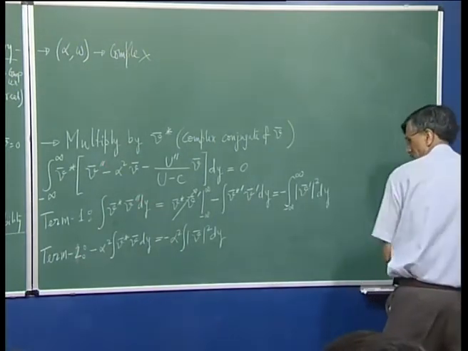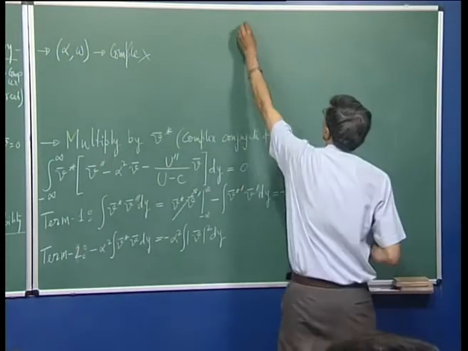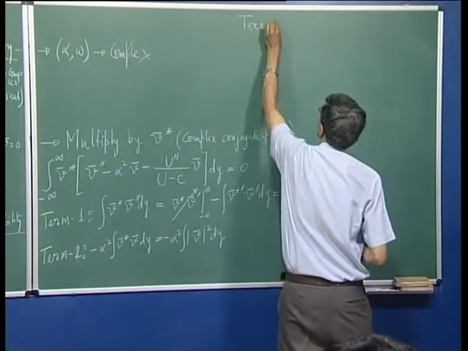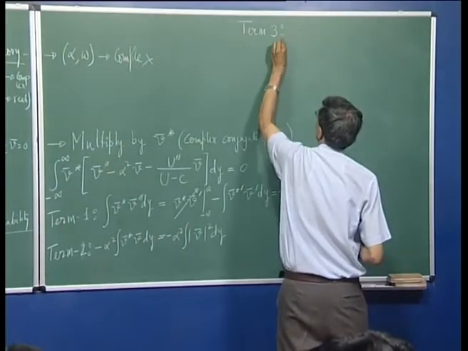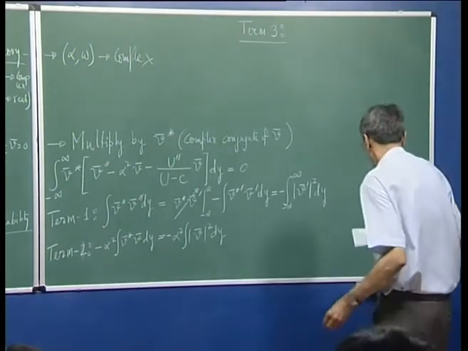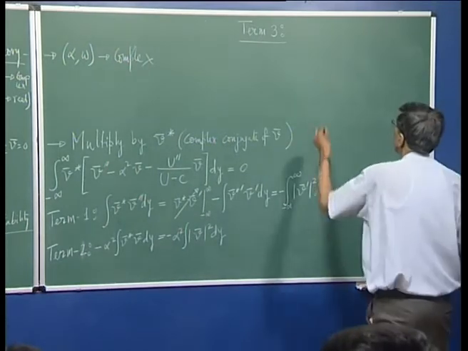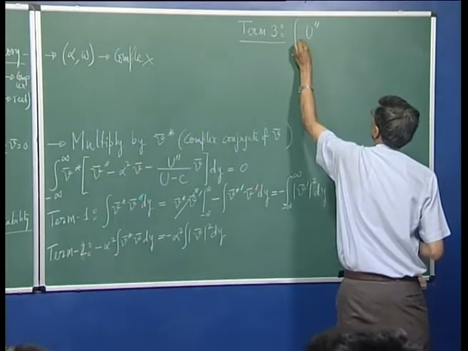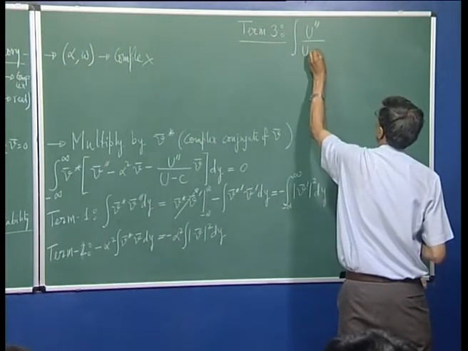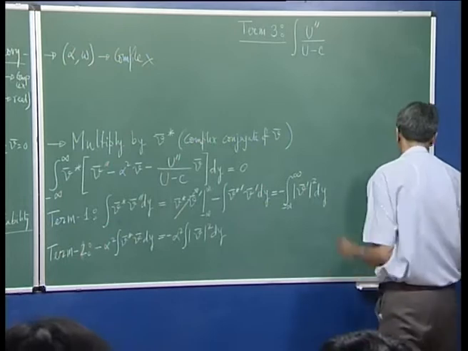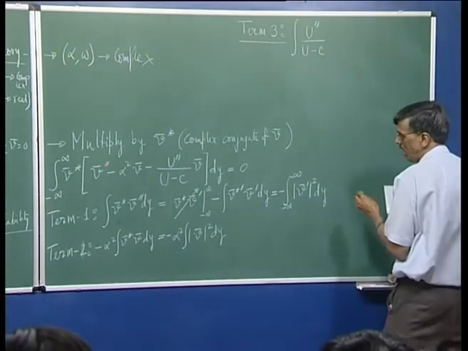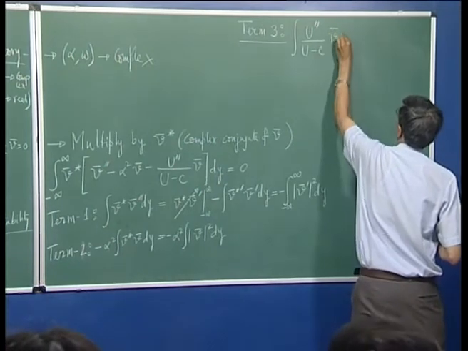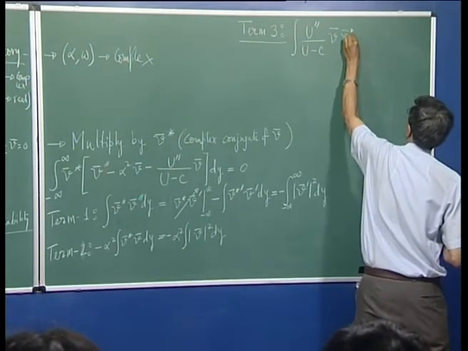So, the third term that we have is this, u double prime divided by u minus c, and then we have v bar and v bar star dy.